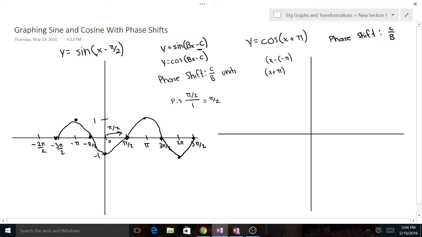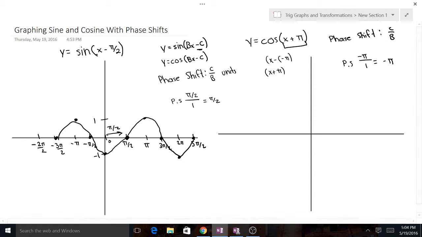So our c is negative pi over our b, which is whatever is in front of x, which is a 1. So this had a phase shift of negative pi, and that means we just moved over 1 pi unit to the left. And really, you can just look at this and say, okay, it says plus pi, so we're going to do the inverse of that. We're going to go 1 pi the other way.